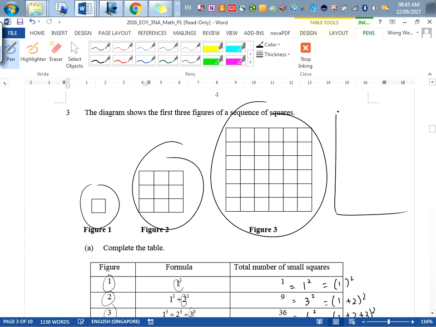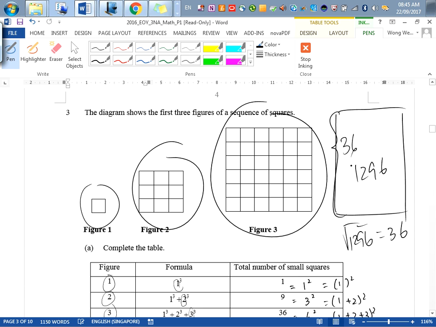So, is it possible to form one figure with 1296 squares? Why are you so sure? Because if I take square root 1296, what do I get? 36, is it? That means over here I have 36, and over here I have 36. So it is possible.